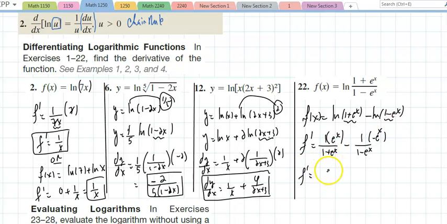So f prime is e to the x over (1 plus e to the x) plus e to the x over (1 minus e to the x). Again, on a test, I'll accept that as an answer. For the homework, you need to get a common denominator.